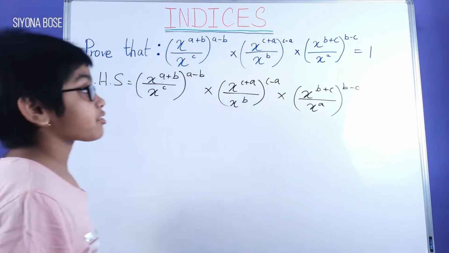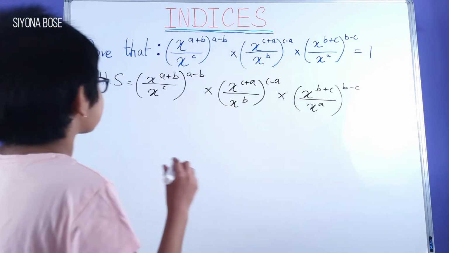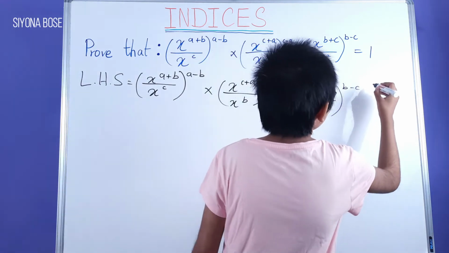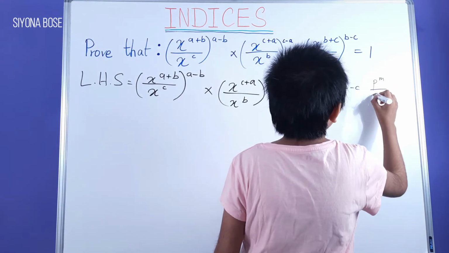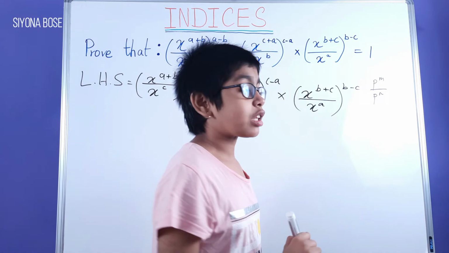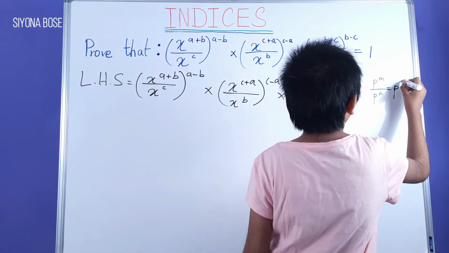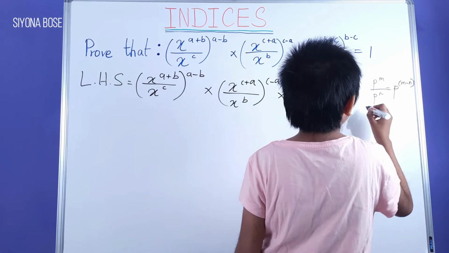Now we have to solve this. Okay, firstly, we have to use this property that p^m / p^n is equal to p^(m-n).